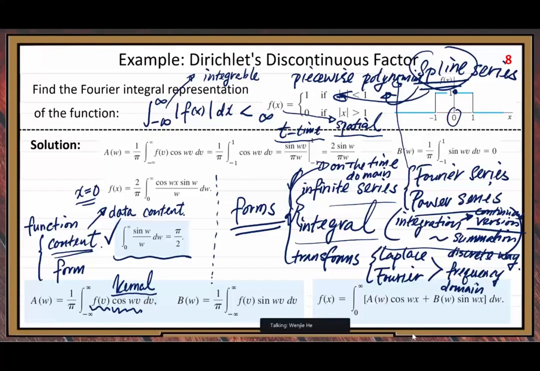Here, I give you a summary of the typical different forms for a function. You can see so many different forms. What's the benefit in problem solving?